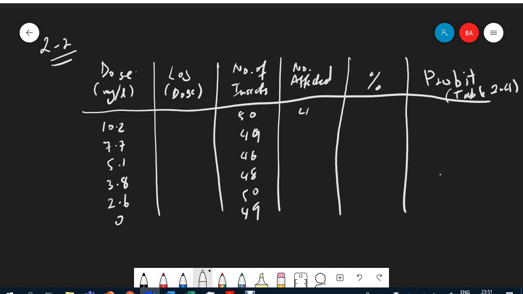Out of 50, 44 were affected, which was about 88%, so we calculated 88%. I'll keep the other calculations for later, so I just put them in a different color to show you that was calculated. These are the numbers which were given.